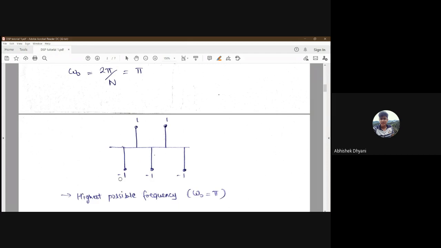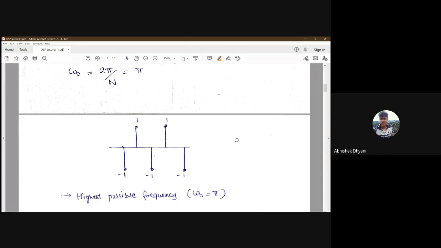So it goes from -1 to 1, and then again to -1, and so on. That's the highest possible frequency. And if it was the lowest case, then it would not have any zero crossing, or it would remain in its original form forever, and it would be constant.